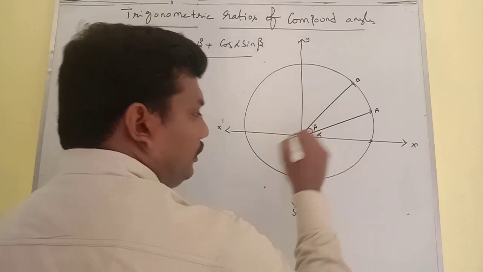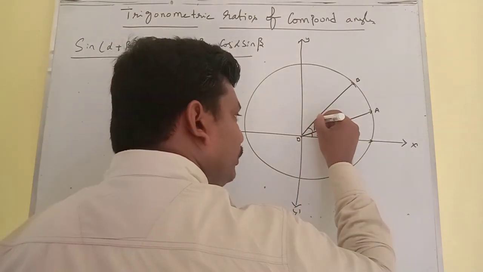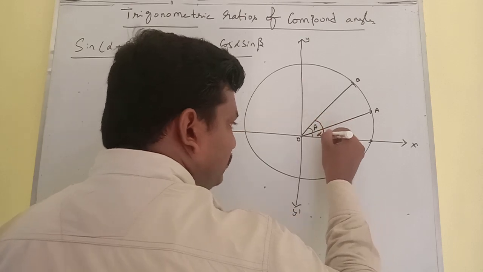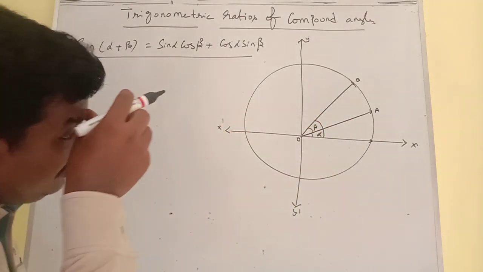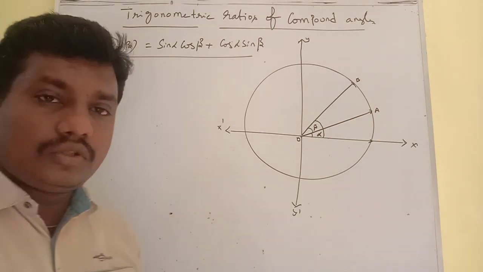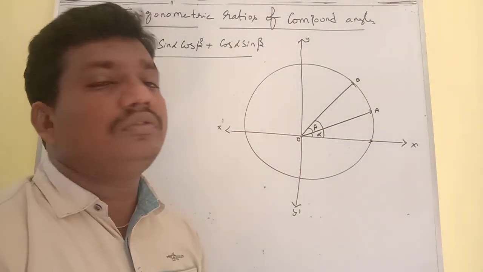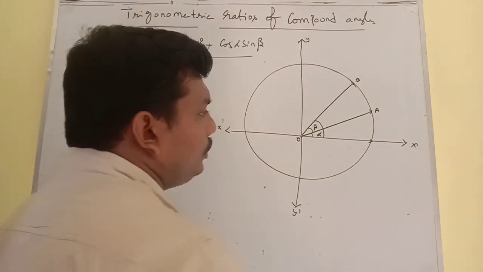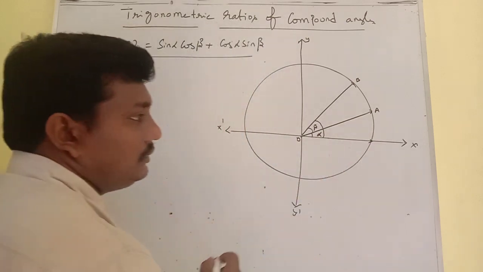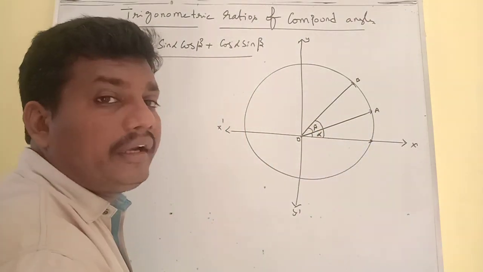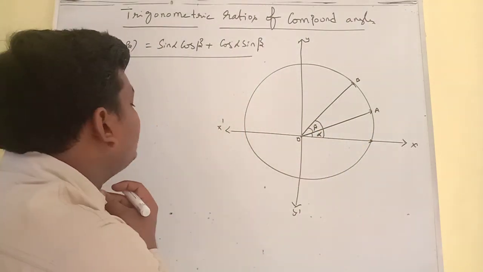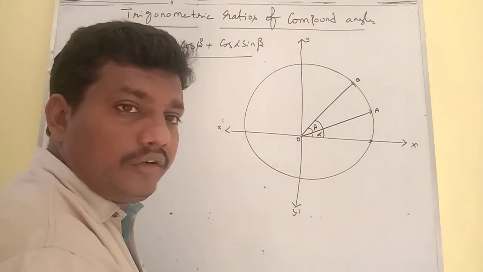So the total value becomes alpha plus beta. To find sin of alpha plus beta, we are going to apply the trigonometric ratios.